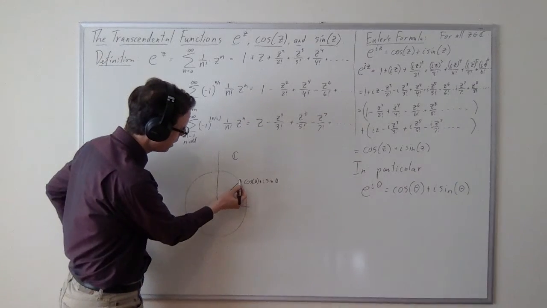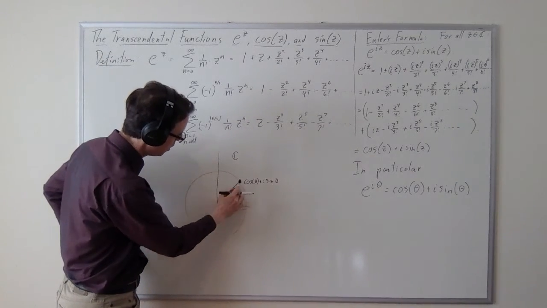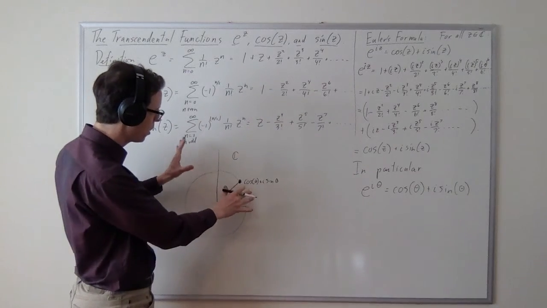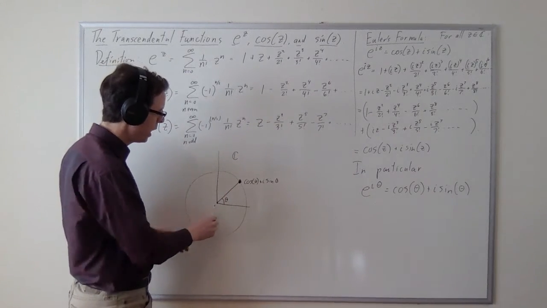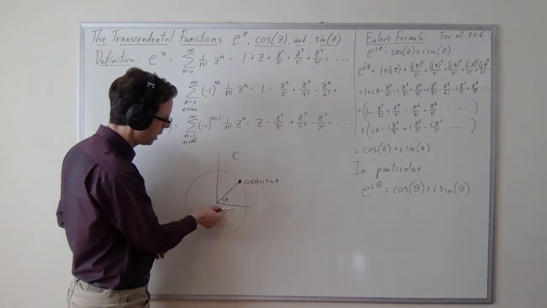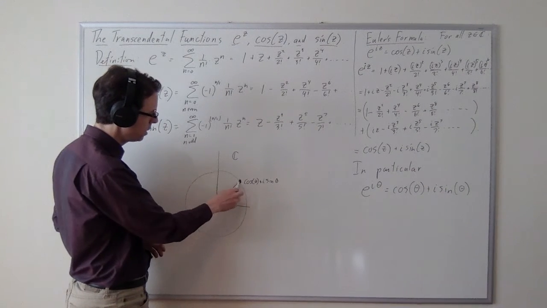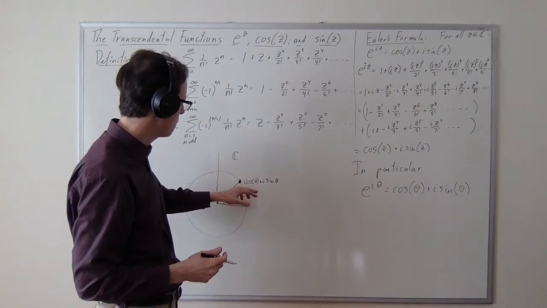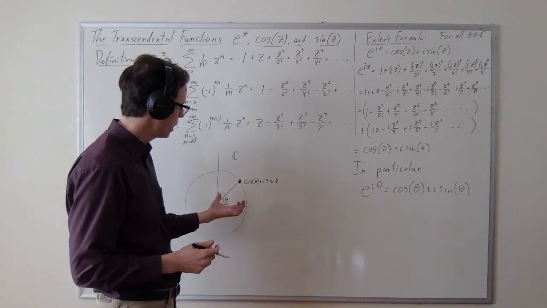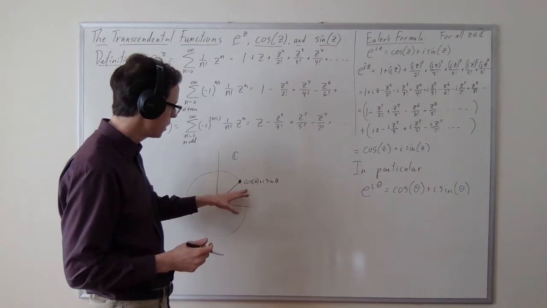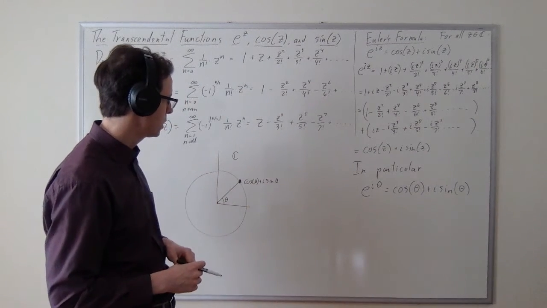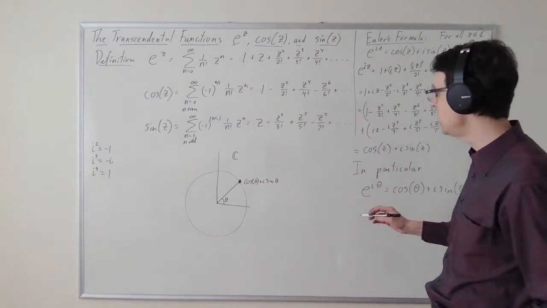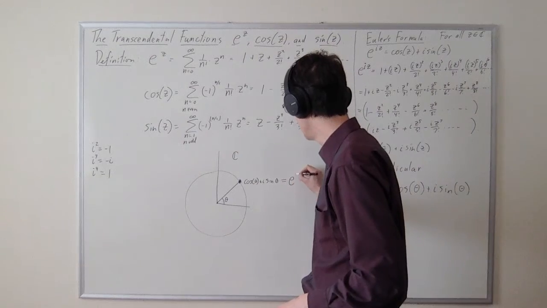So cos theta describes in R2 its x-coordinate, sine theta describes its y-coordinate, but if we think of this plane R2 as C itself, then the real part would be cos theta, and the imaginary part would be sine theta, and this point itself, as a member of the complex plane, would have a real part cos theta and an imaginary part sine theta, and so this point itself is cos theta plus i sine theta. And what Euler's formula is telling us is that e to the i theta is equal to that point.